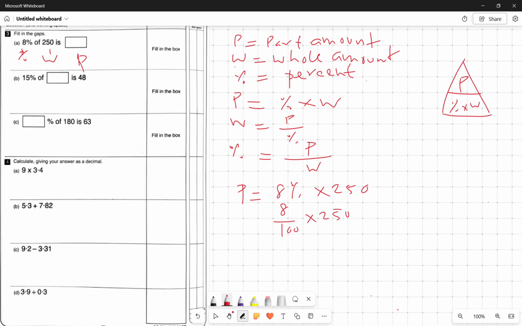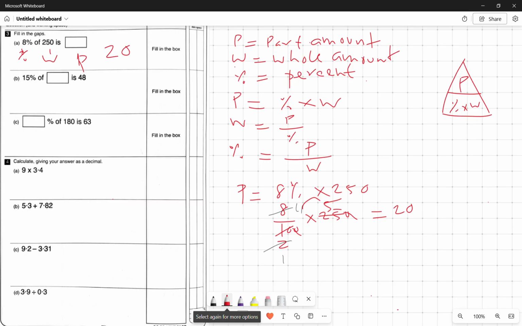Now look at this one, 0 cancels with this 0, and 5 times 2 is 10, and 5 times 5 is 25, and then 2 times 1 is 2, and 2 times 4 is 8. Now we multiply 4 times 5, so the answer is 20. So 8% of 250 is 20. This is your final answer for 3A.